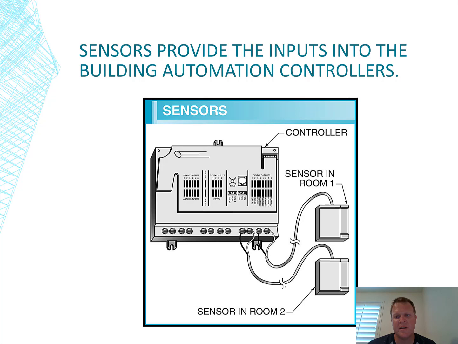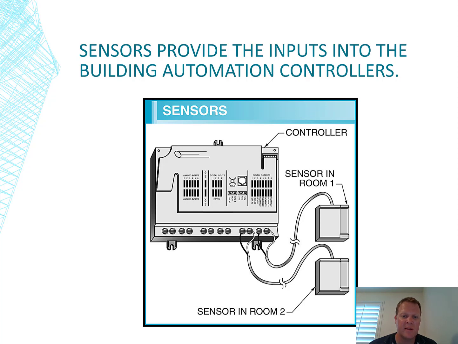Now, this is one of the things I was talking about in the last lecture about inputs. It had something like analog inputs and binary inputs in the drawings. I'm hoping you're remembering that. Our inputs are where the controller is sensing something.